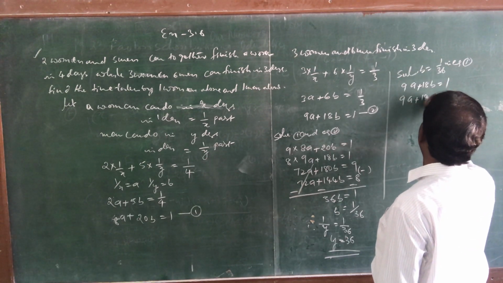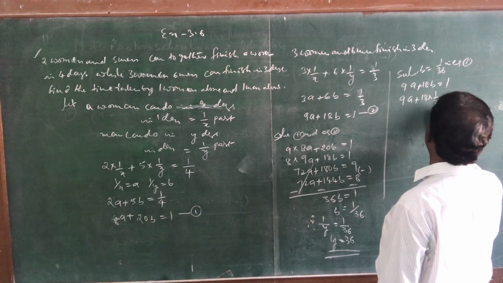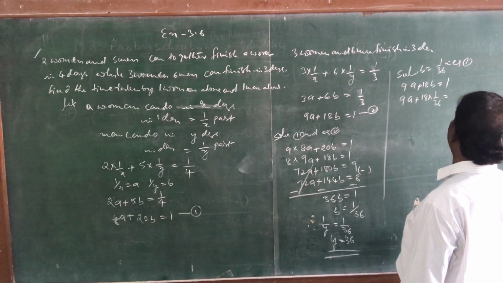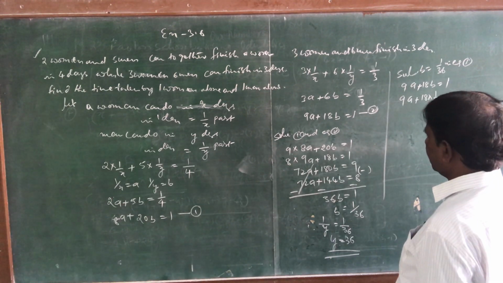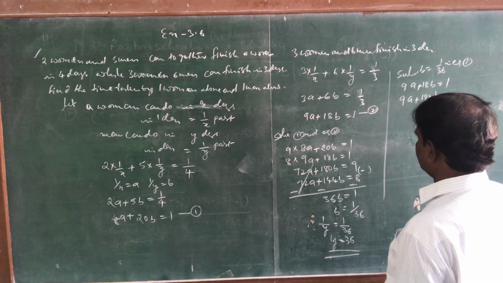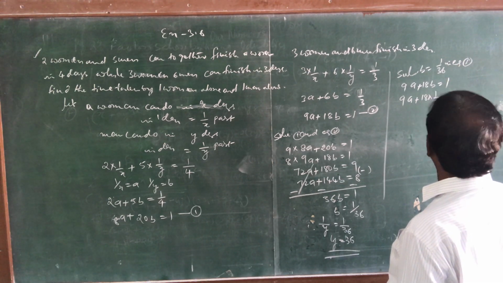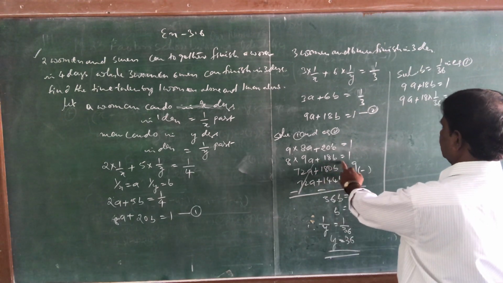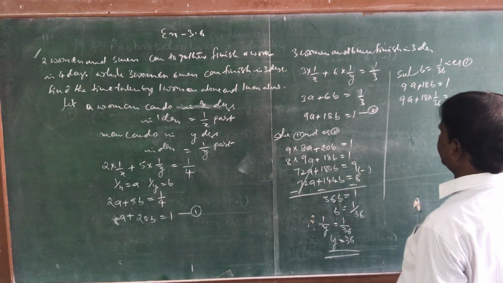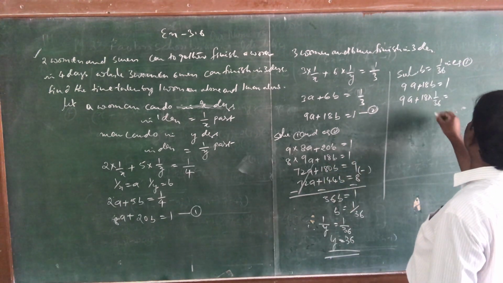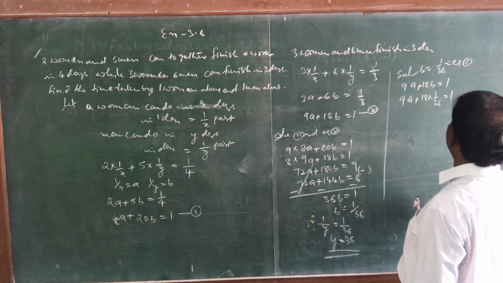So 9A plus 18 into 1 by 36 is equal to 1.